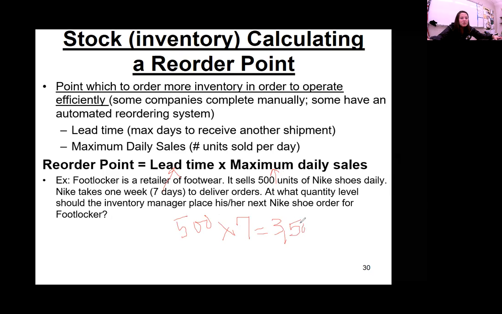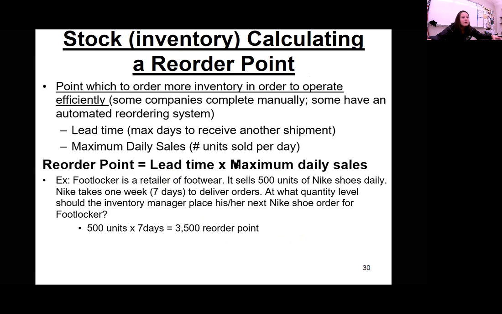So when your inventory of sneakers gets down to 3,500, you've got 3,500 pairs of sneakers in the warehouse, it's time for you to order some more. Okay, so when shoe inventory falls down to 3,500 pairs, Foot Locker will order more sneakers.